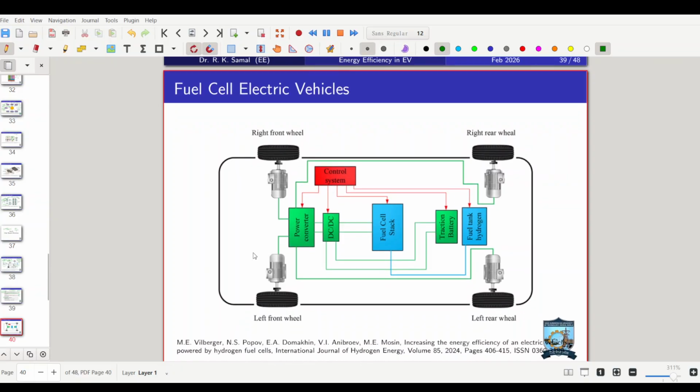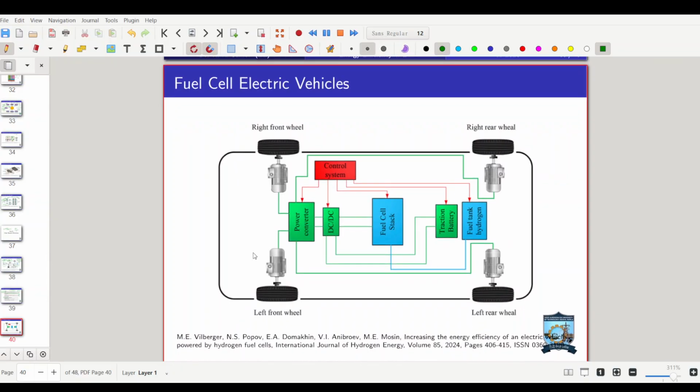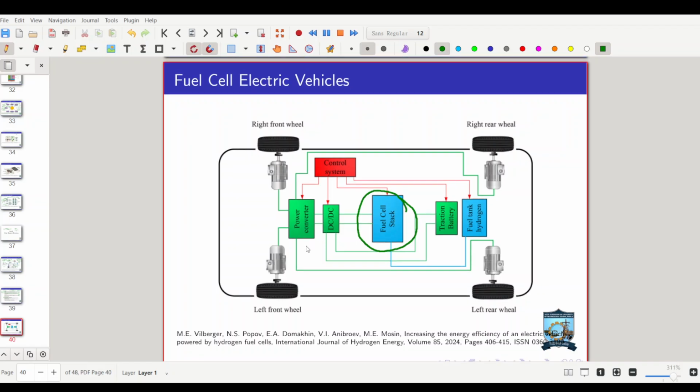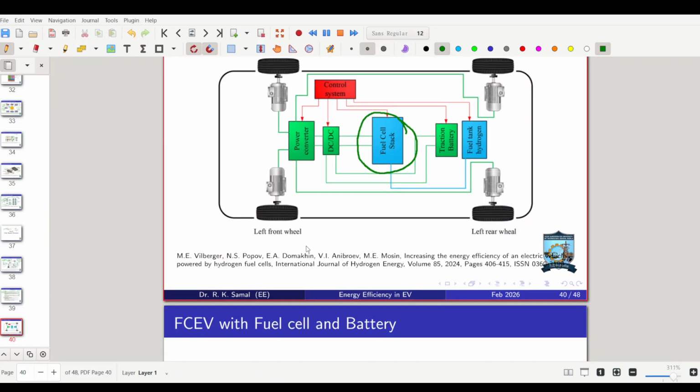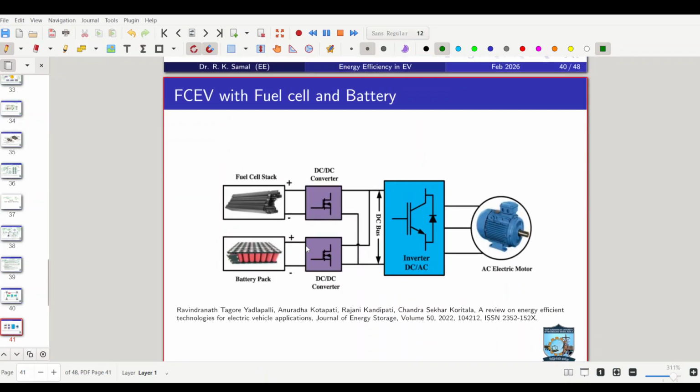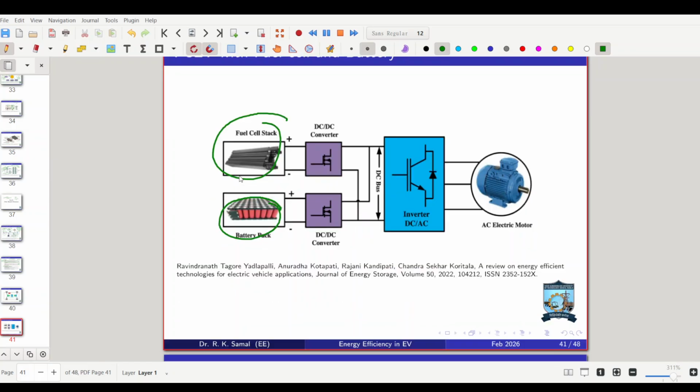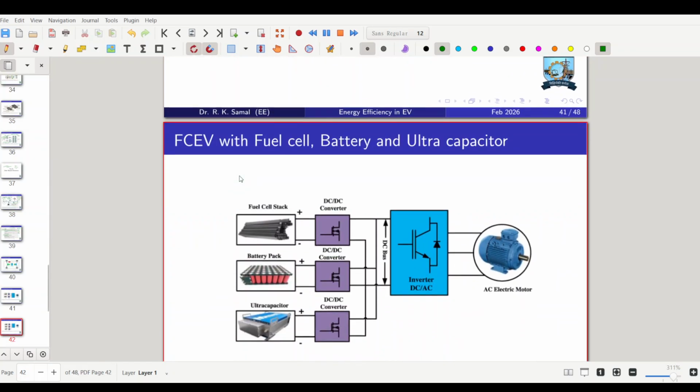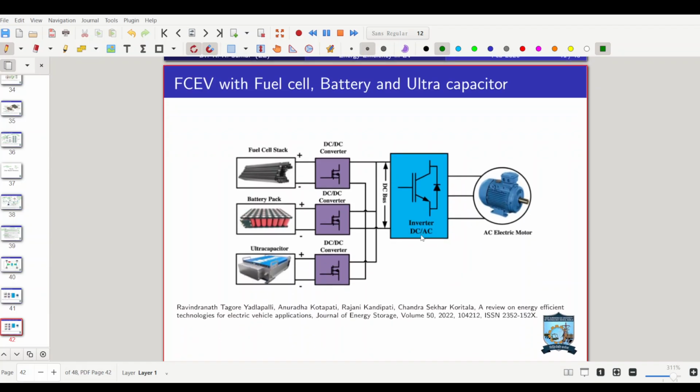A new kind of vehicle is the fuel cell based vehicle, where you have electric vehicles and in addition a fuel cell stack. This is under research. Then we have fuel cell and battery both; you see here the battery pack and the fuel cell pack. And here we have another architecture where we have an ultracapacitor.